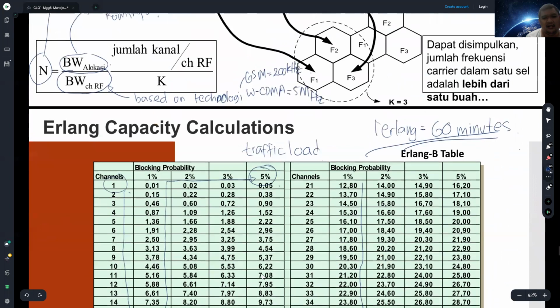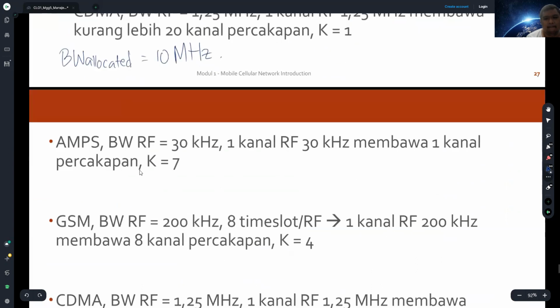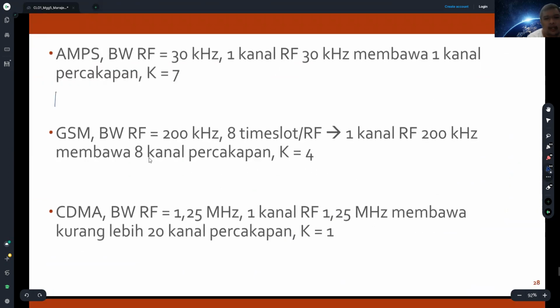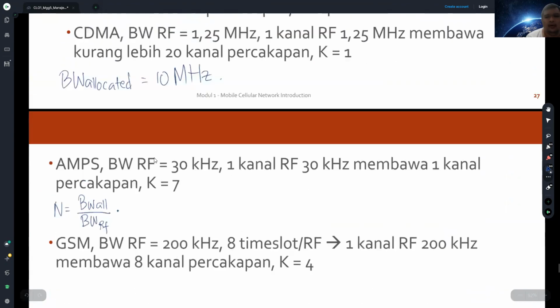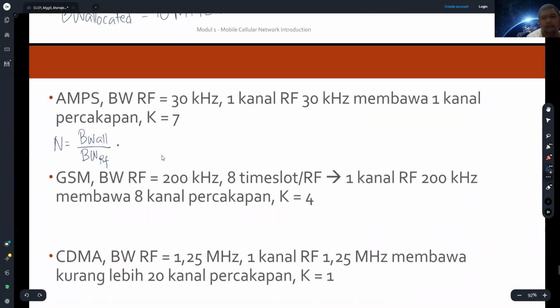Now, using this equation, N equal to bandwidth allocated divided by bandwidth RF channel, times the number of channels per RF, let's say little n, divided by K. Well, this is quite simple. The bandwidth allocated is 10 megahertz, right?